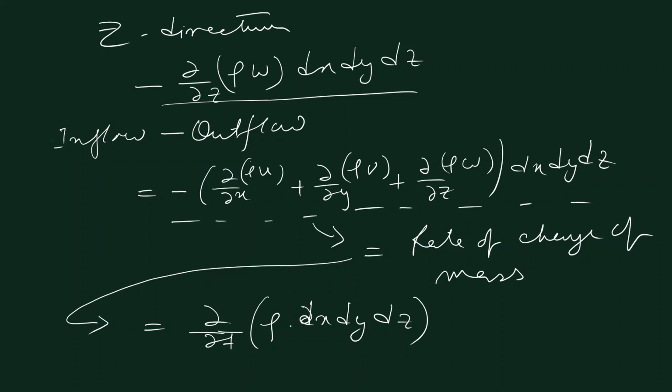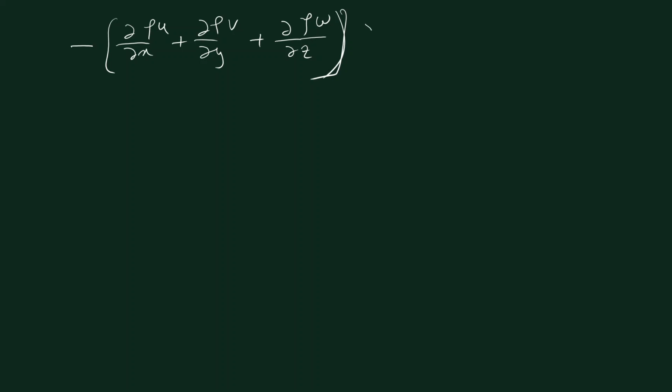Now these two terms must be equal, so we can write minus del x of rho u plus del y of rho v plus del z of rho w, whole thing multiplied by dx dy dz, is equal to del t of rho dx dy dz.